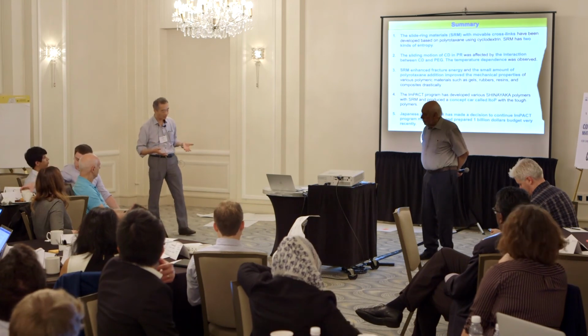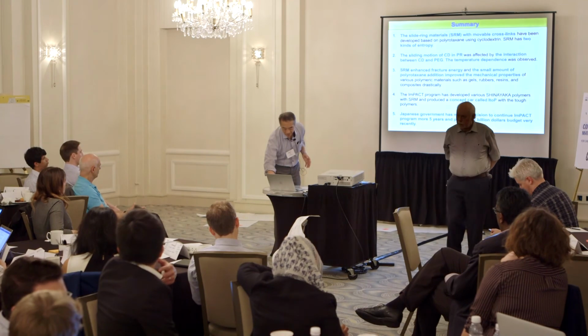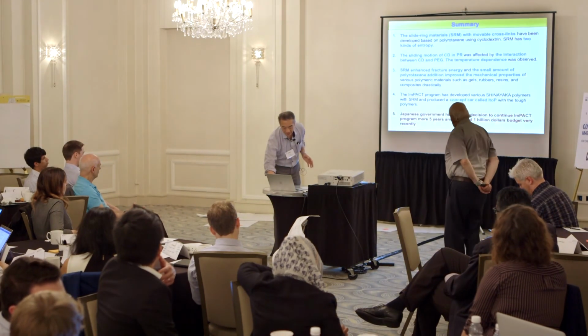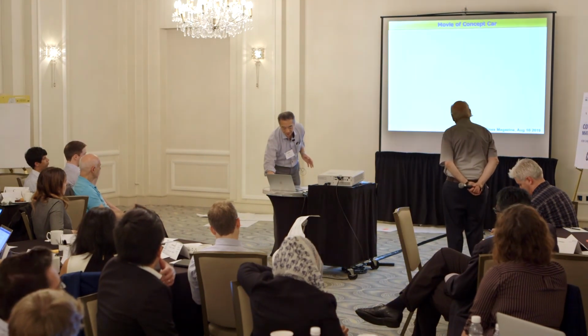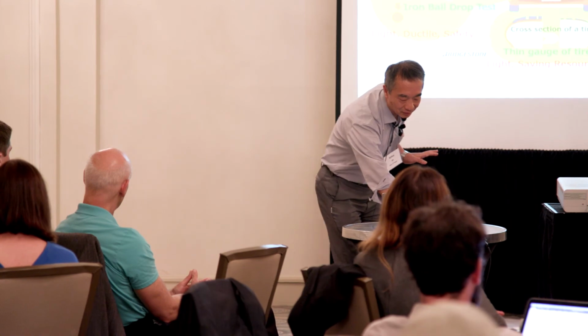In my impact program, Bridgestone really developed a very, very tough tire. I'd like to show the movies of that. But unfortunately, they don't use the polylactic acid in this case. They finally use the concept of the double network gel by Professor Gong.